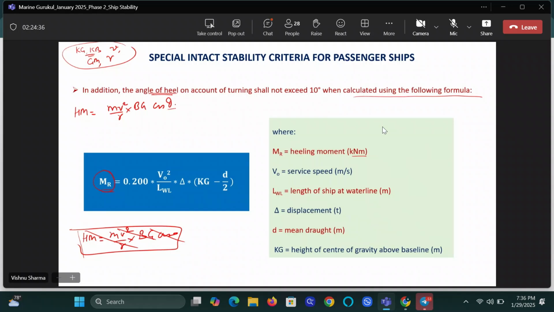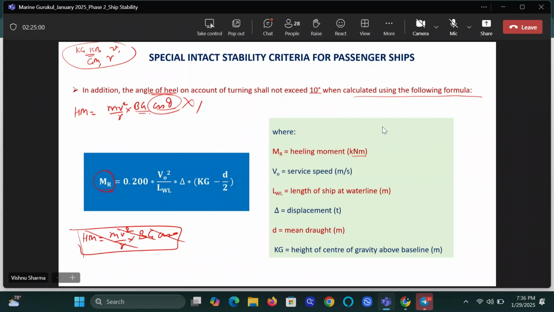Cos theta: how much is cos theta coming? Can you check on your calculators? Cos 10, how much is it? 0.984. It's nearly 1, correct? Yes. So they are saying take it as 1. Don't worry about it.